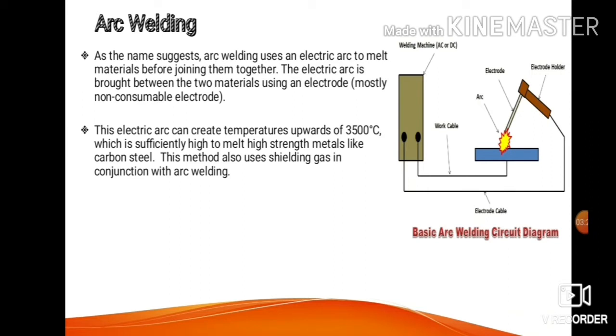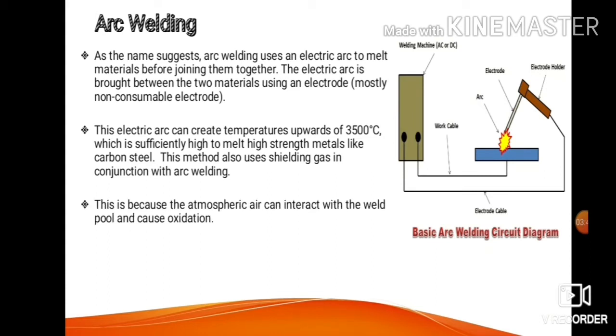This method also uses shielding gases in conjunction with arc welding. In this method we use shielding gases like xenon and argon, because atmospheric air can interact with the weld pool and cause oxidation.